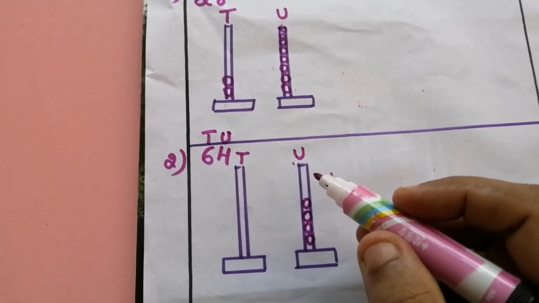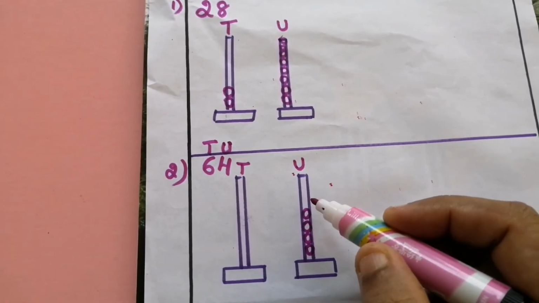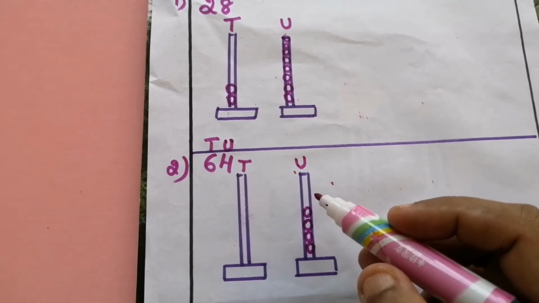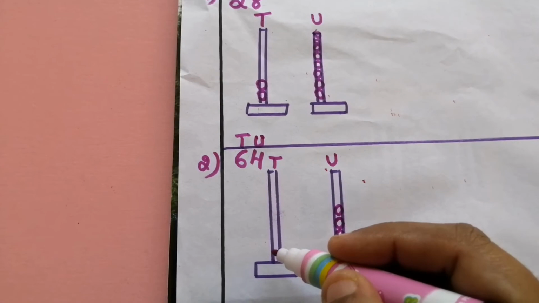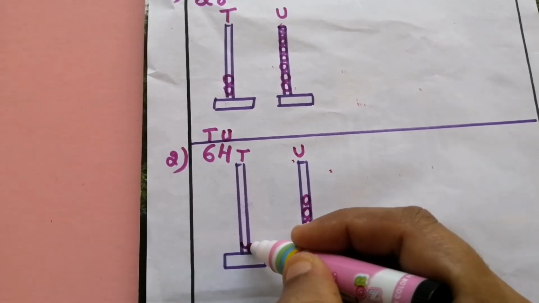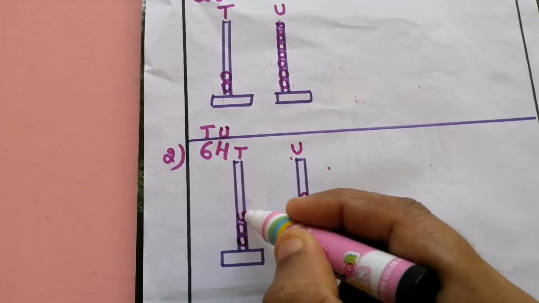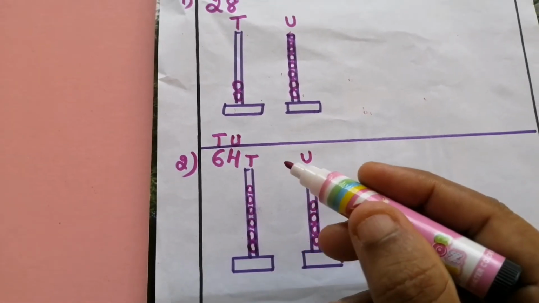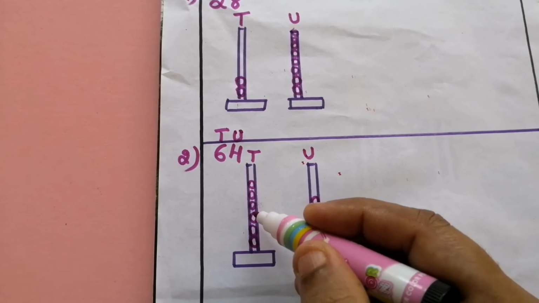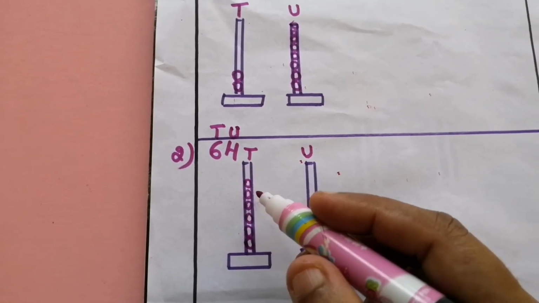So we have to draw 4 beads in ones column or units column and 6 beads in tens column. 1, 2, 3, 4, 5, 6. 6 beads in tens column.